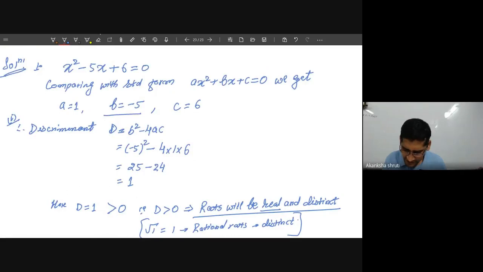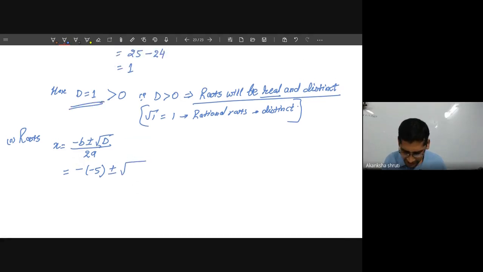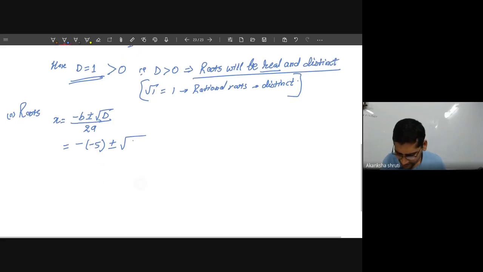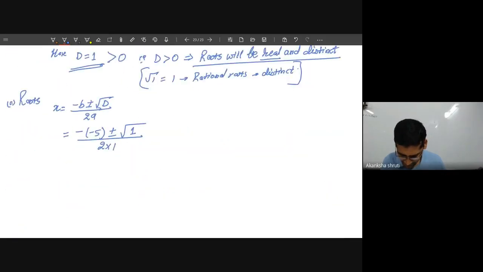Student, observe it, it was minus 5. So minus of minus 5 plus and minus you carry together, and under root of D, the D value we have calculated, it is 1. So I am going to put 1 here. By twice, what was a? A was also 1. So into 1.